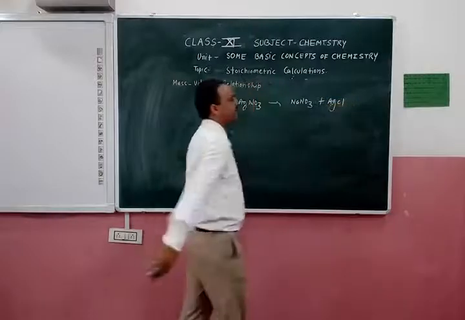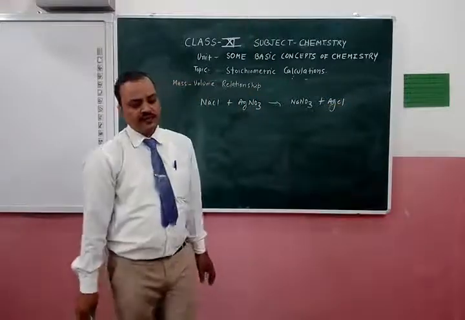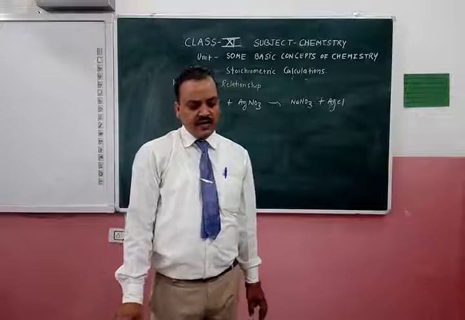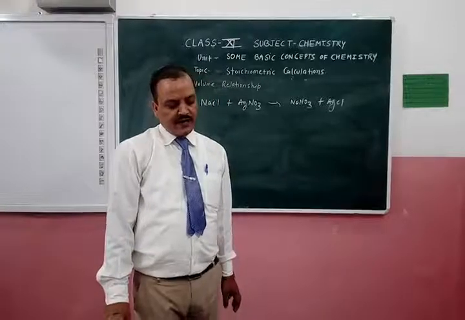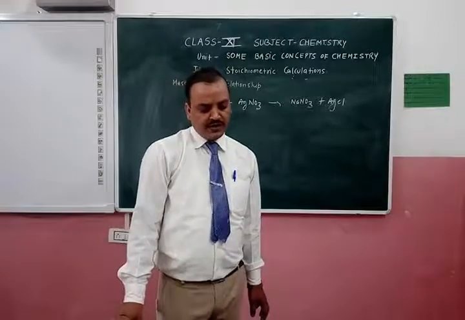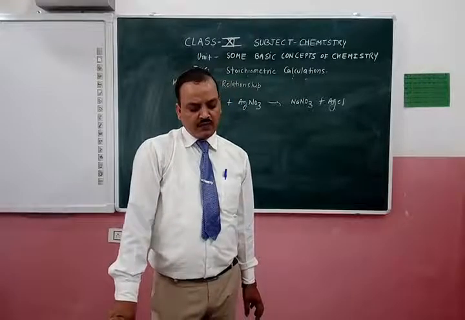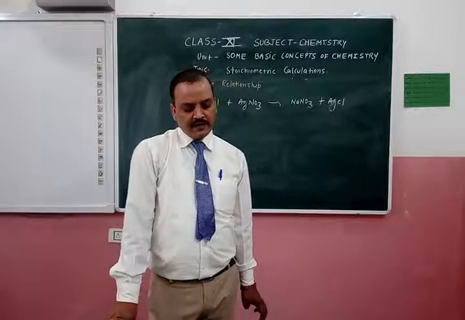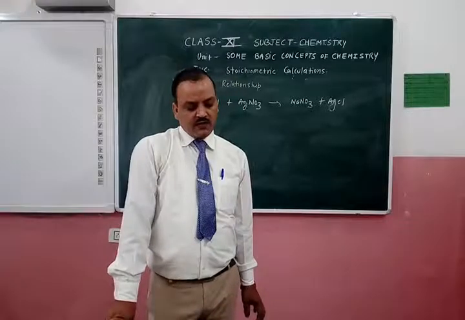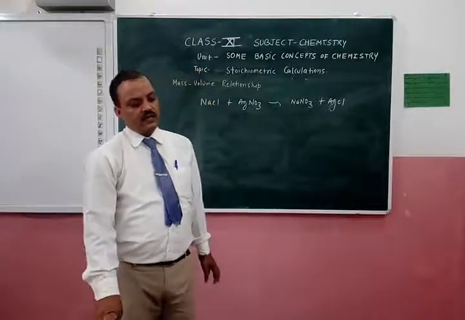This equation is used in this question. 1.2 gram on treatment with excess of AgNO3 solution gives 2.4 gram of silver chloride as a precipitate. So we have to find out the different quantity.